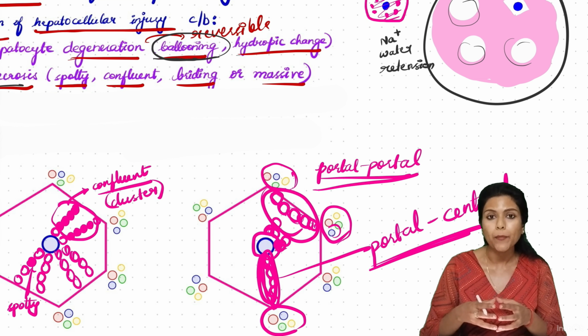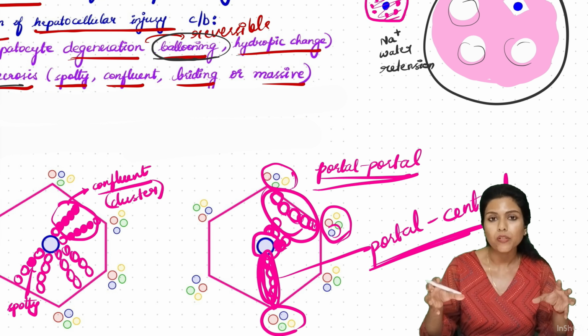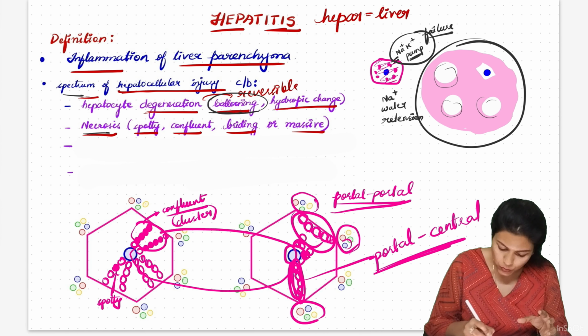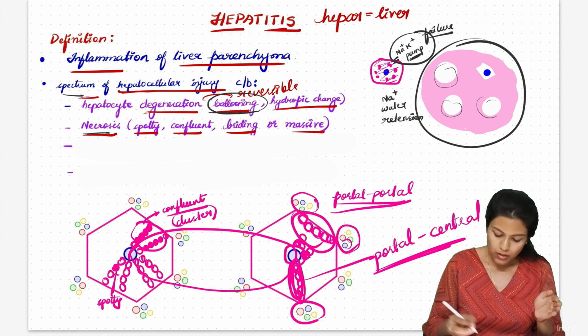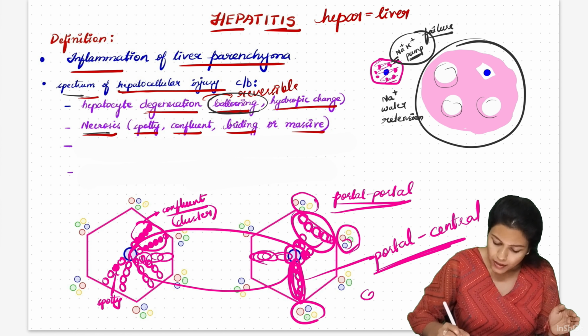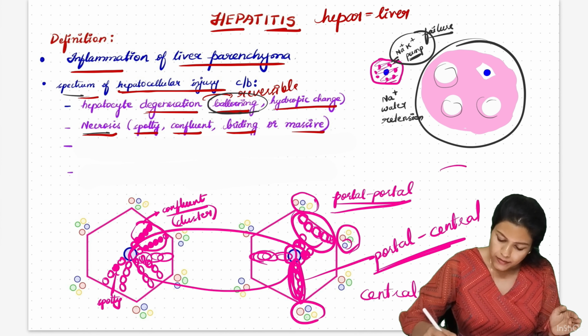If a group of hepatocytes between two portal tracts gets affected, that is called portal necrosis, or a group of hepatocytes between two central veins of the adjacent hepatic lobule, that is called a central necrosis. These three are called the bridging necrosis.